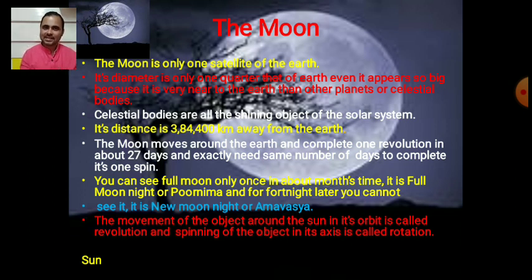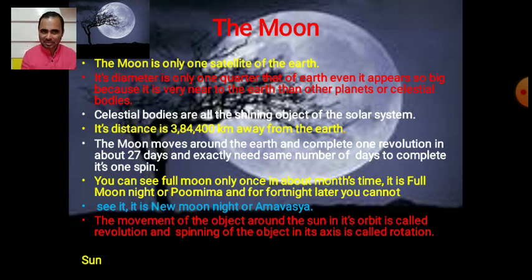Can you understand? Yes. Do you know you can see the full moon only once in about a month? The day when you see the full moon is called a full moon night or Purnima. In Indian culture, the full moon night is also called Purnima.